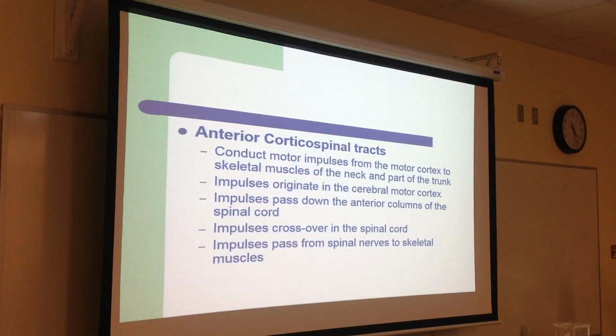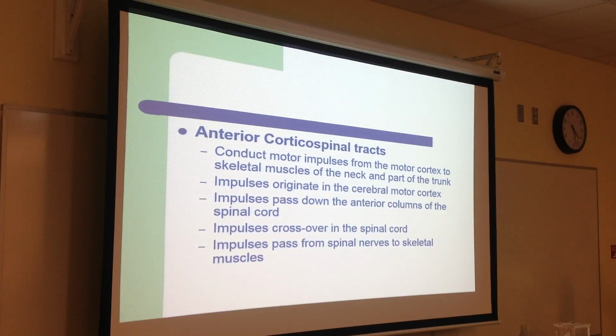Now, what happens here? We're conducting motor impulses from the motor cortex to skeletal muscles of the neck and part of the trunk. All right? Impulses originate on the cerebral motor cortex, no shock there. Impulses pass down the anterior columns of the spinal cord and then cross over in the cord.